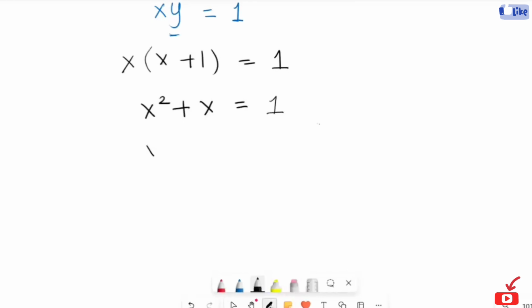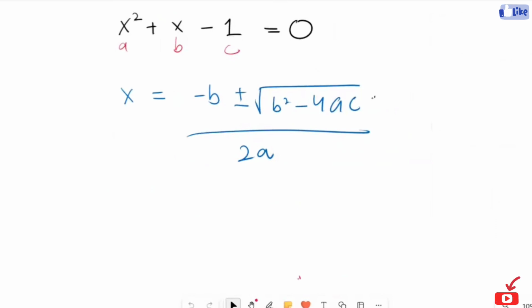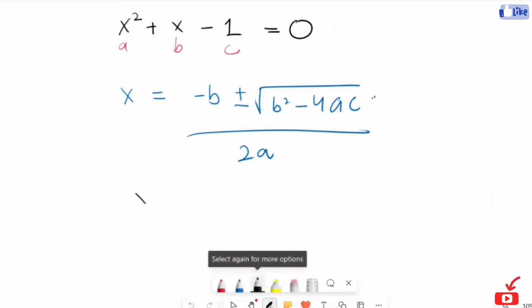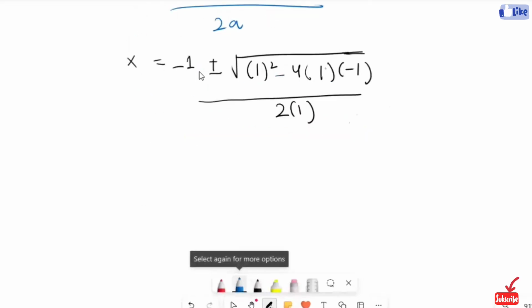Now I'm going to use the quadratic formula here to find out the value of x. We have, now I'm going to plug in the a, b, and c values here. x = (−1 ± √(1² + 4))/2. Now we're going to simplify it further.